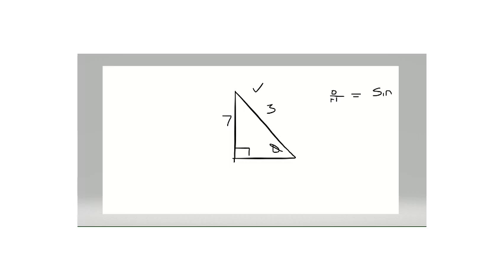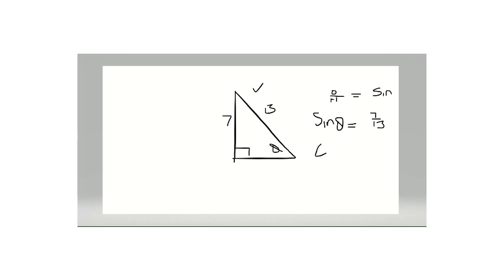So in this case, you use sine. You want theta, so you're going to say sine theta equal to what's opposite? Opposite is 7. Or this is 13. Sorry, I know that the hypotenuse side is the longest side, so it cannot be shorter than any other side in this triangle. So this is 7 over 13.